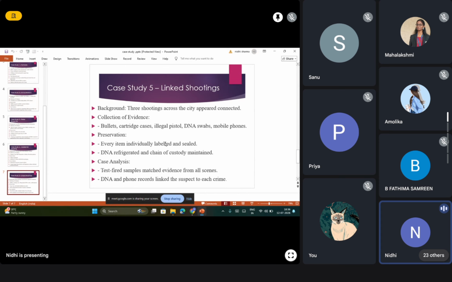We three were related to each other, we three were a family. So this is how this linked type of shooting takes place. In this, you will be able to get mobile phones as evidence because they might be used to contact each other, illegal pistol, DNA swabs of people, cartridge cases, bullets, and then preservation, as you all know. So till now, everything is clear.